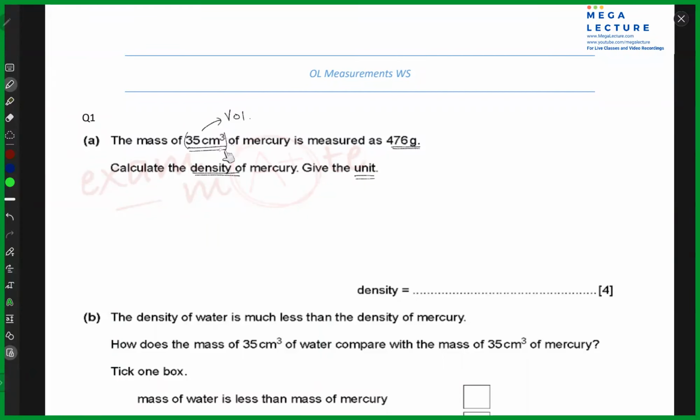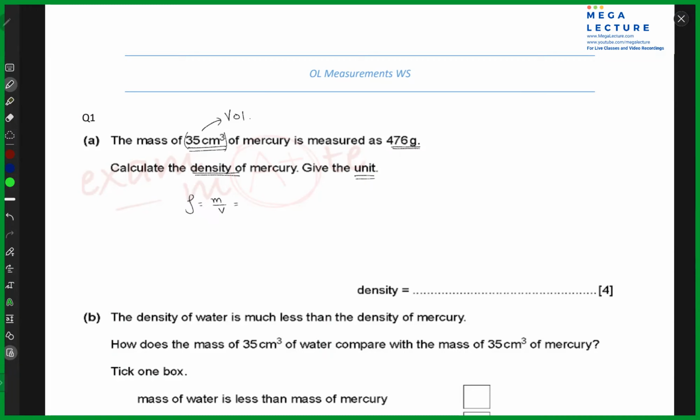So if this is given in centimeters cube and this is given in grams, we have to compute the density. So anyone from the class, how should I go about the problem? We can use the formula mass over volume. Right, so that's the expression for density. Density is equal to mass over volume.